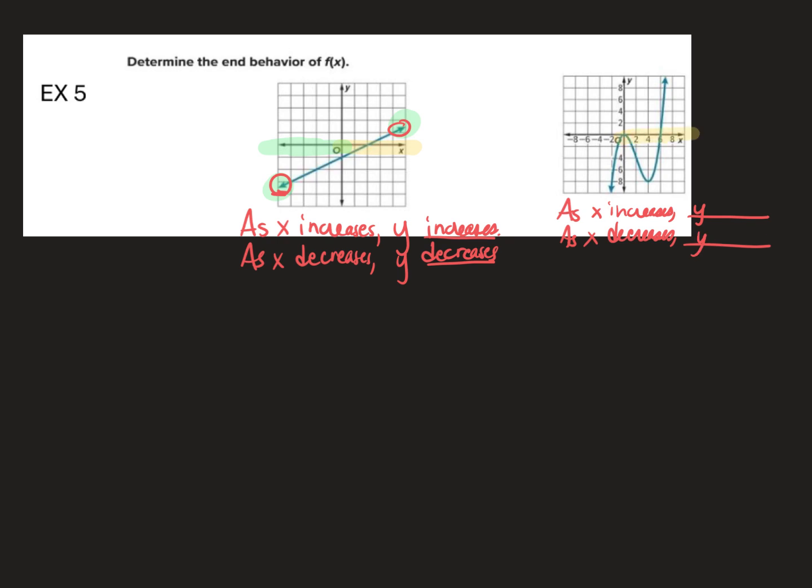As x increases, that end is going up, so that means y is increasing. So as x increases, y increases. And as x decreases, what's y doing? It's also decreasing.